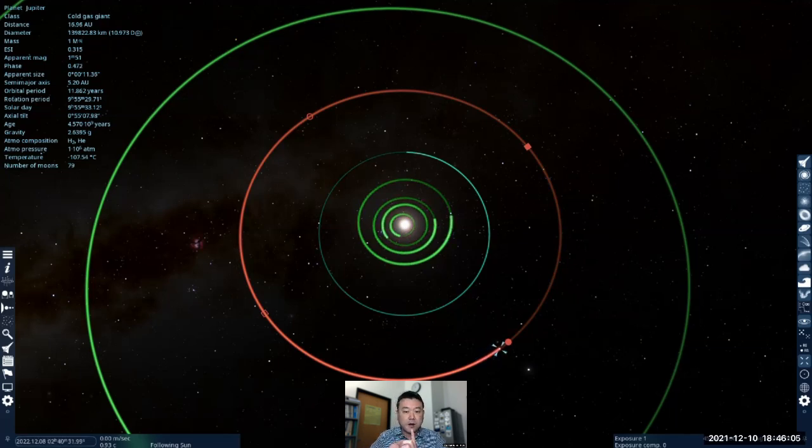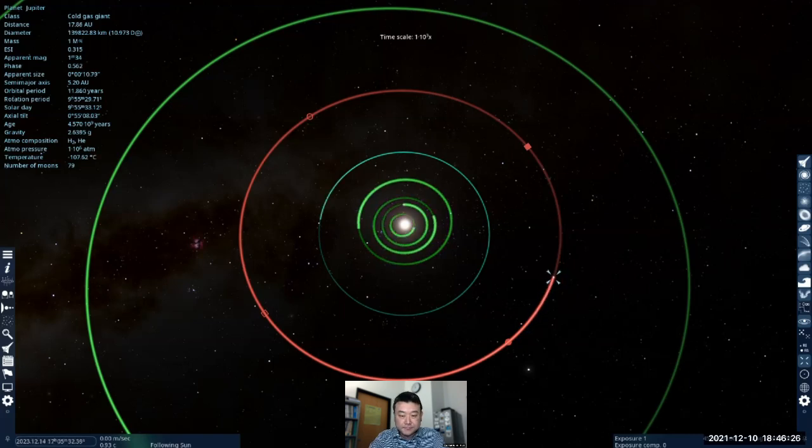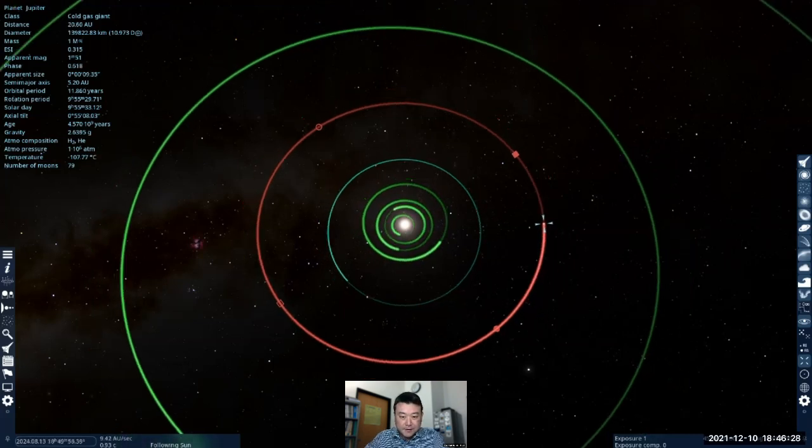It's not just that they complete an orbit more quickly, it's that they are also moving faster. Their actual speed is faster. So these outer planets have long orbital periods. Even Jupiter, the innermost of the outer planets, takes 11, 12 years to complete one orbit around the sun.